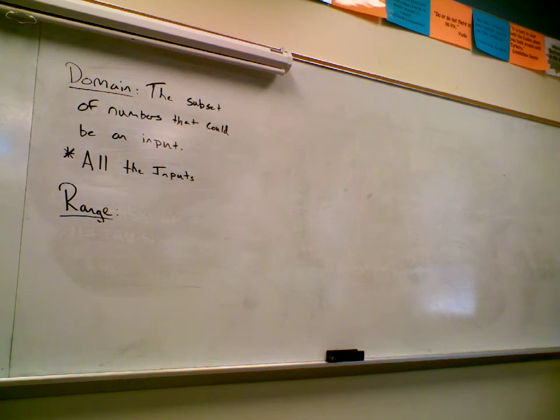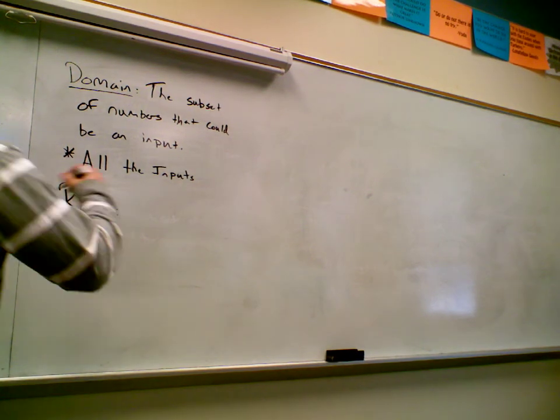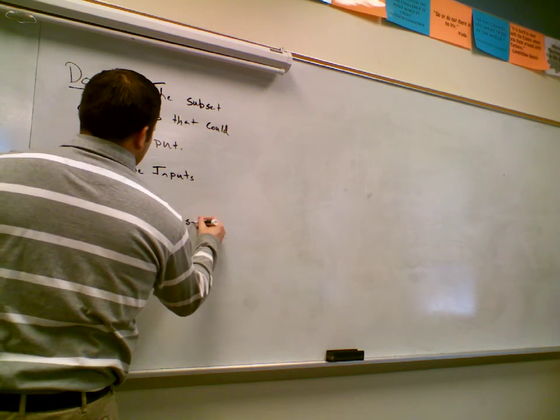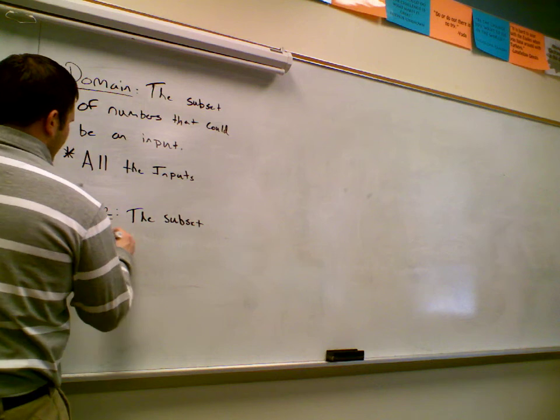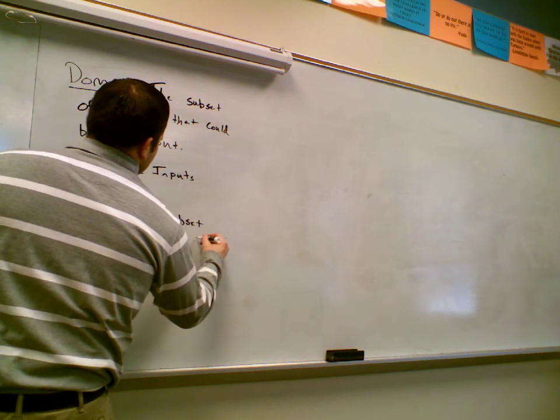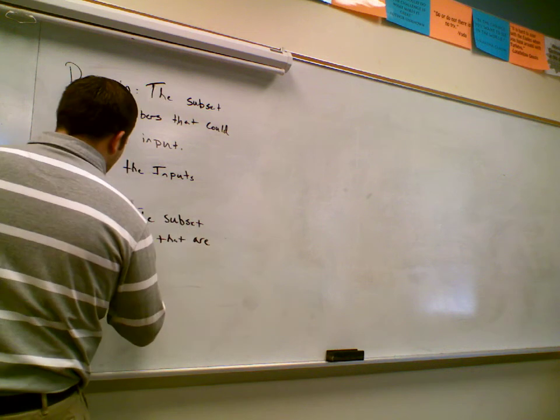Alright, range. So if the domain is the subset of all the possible inputs, what's the range? The outputs. The range is the subset of all numbers that are outputs.